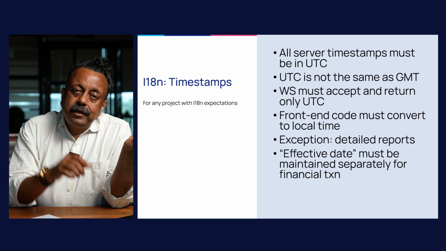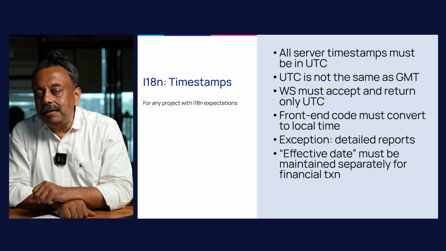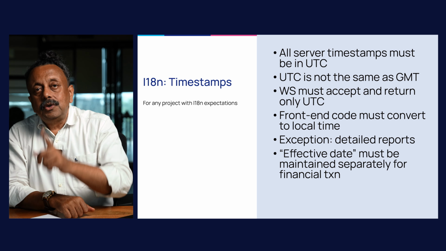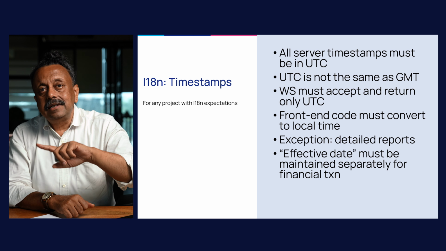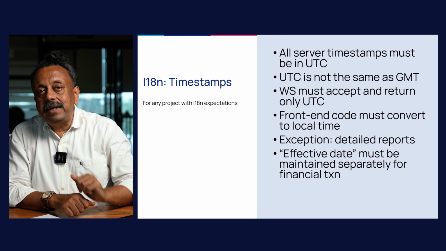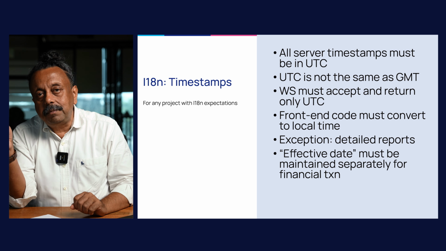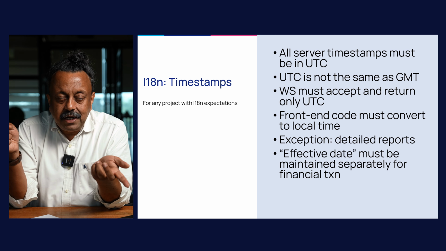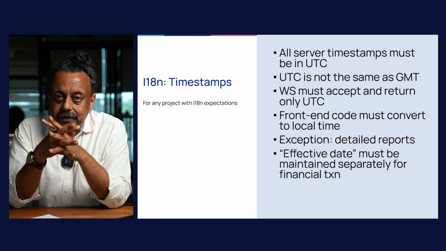When I record it, my server is running UTC. Singapore is UTC plus 0800. So when I record it, the server will record it as 6 p.m. 9th February. 2 a.m. 10th February in Singapore is actually 6 p.m. 9th February in UTC, because there's an 8-hour difference.